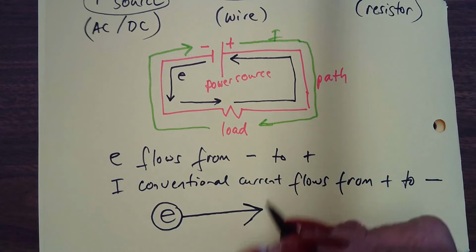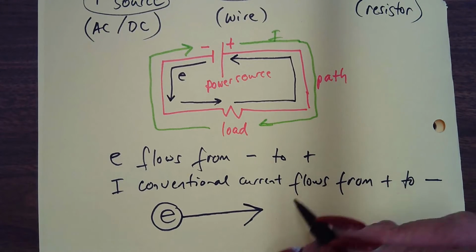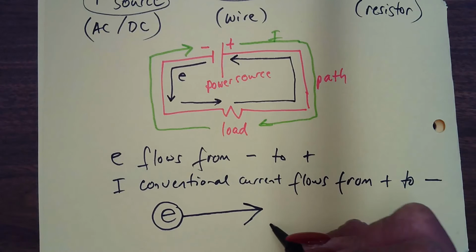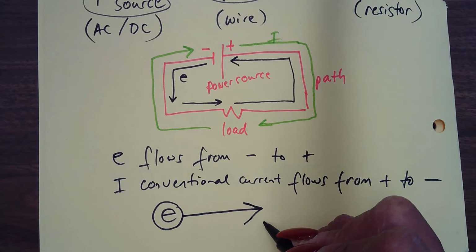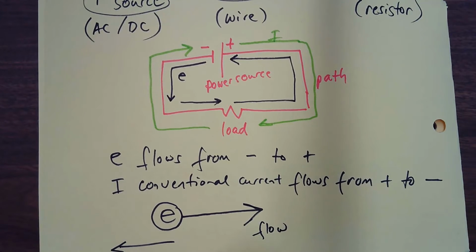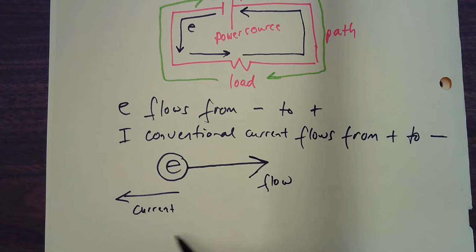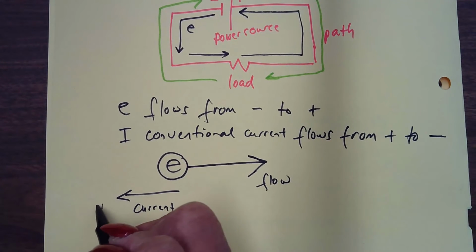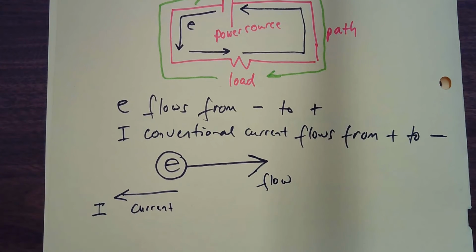The other way, right? So if the electron flows this way, think of it as the matter part. That's the flow of electron. The current, which is kind of like the water if you're swimming, flows the other way. Complete opposite. That is the conventional current flow.